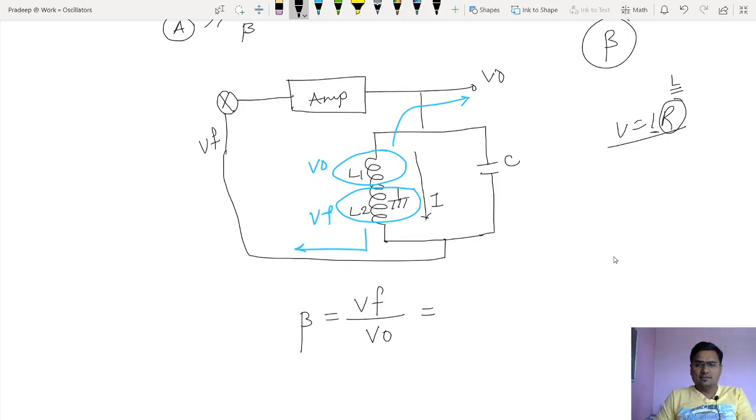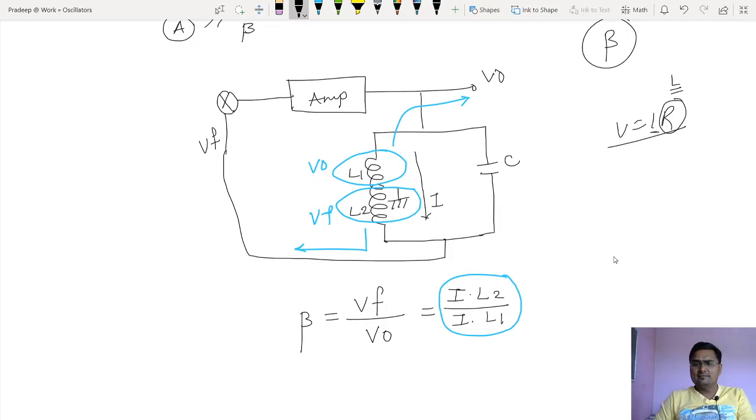So roughly, it is not the correct way to write, but just to understand the analysis, let us write VF over VO as I multiplied by L2 divided by I multiplied by L1.